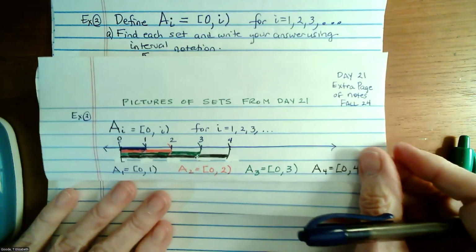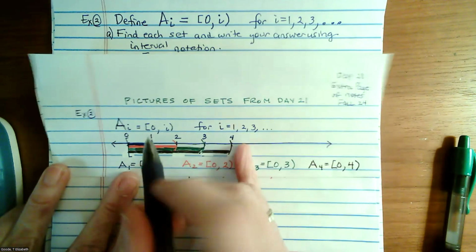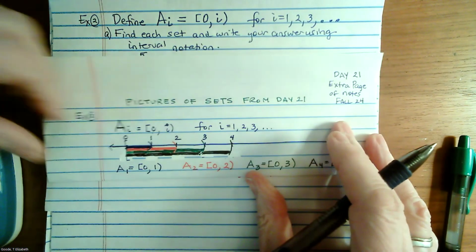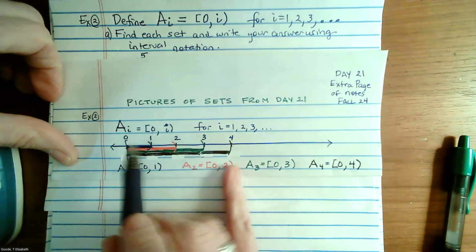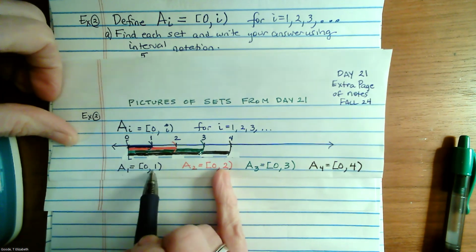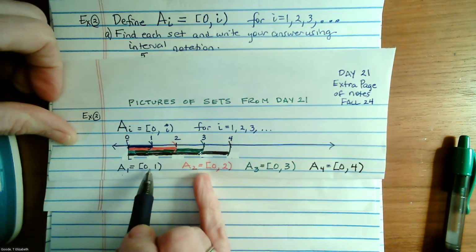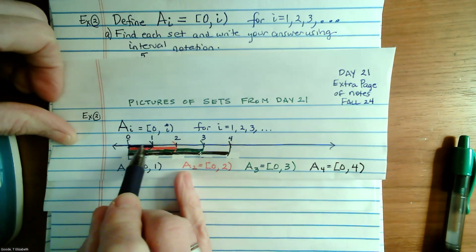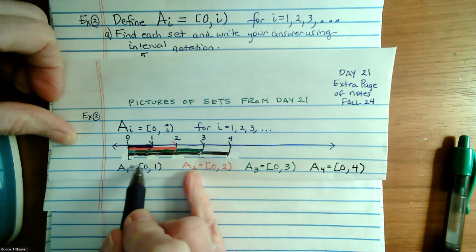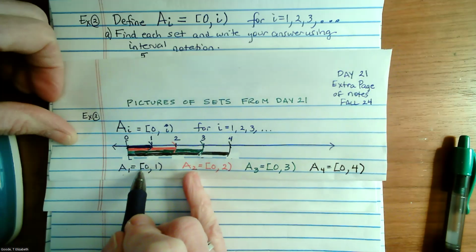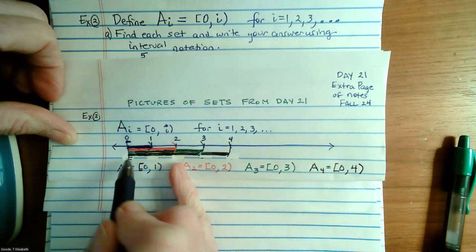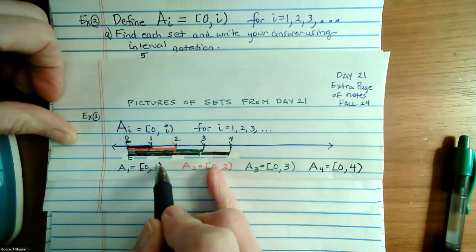So the A sub I is defined as the set from 0 to I. Okay? So A sub 1 is indicated here in blue, where it looks dark. And here it is shaded from 0 to 1. We're including the 0. It's a square bracket 0. But we're not including the 1.